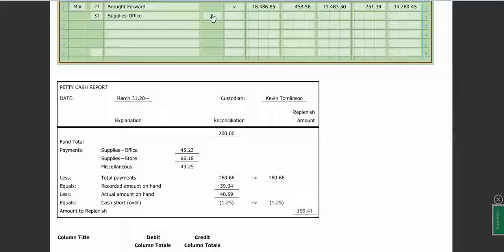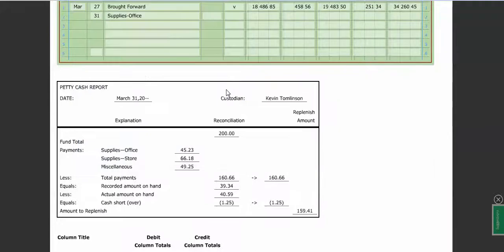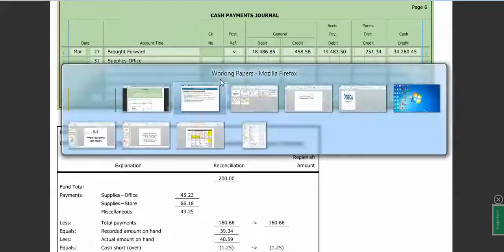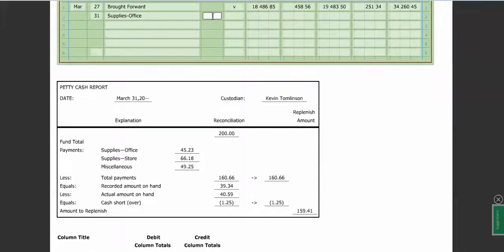Our source document number is going to be our check number, C536. My supplies office, as you can see right down here, is going to be 45.23.